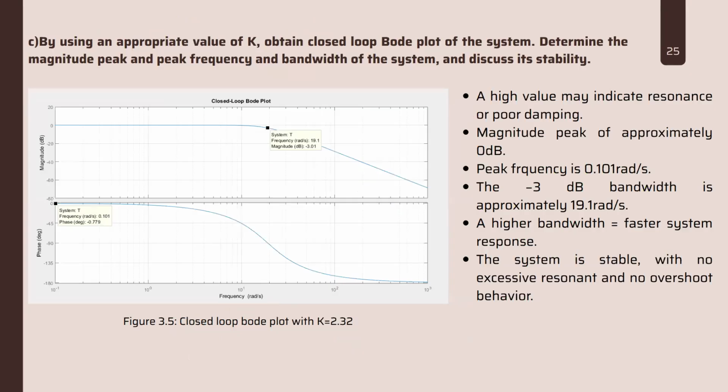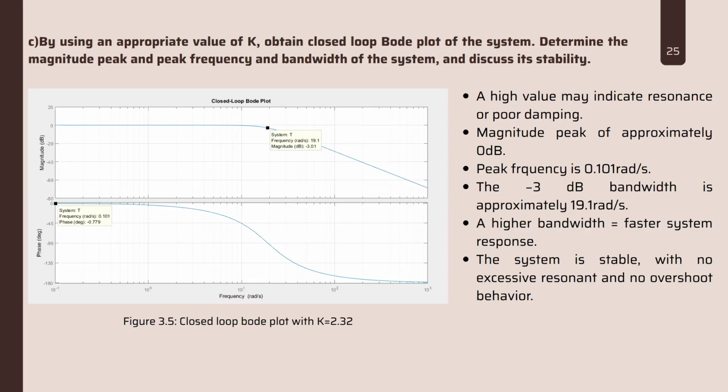For C, we need to use the same value to obtain the closed loop Bode plot. For the closed loop Bode plot, we can determine the magnitude peak, peak frequency, and the bandwidth. This is the closed loop Bode plot for K equal to 2.32. The magnitude peak is approximately 0 dB and the peak frequency is 0.101 radian per second.